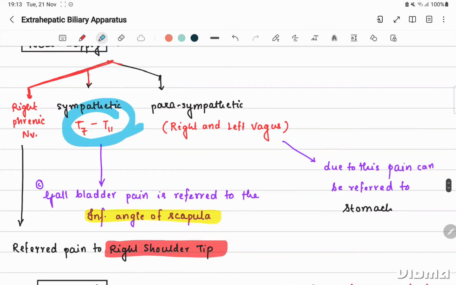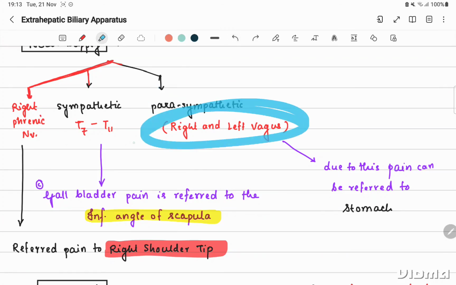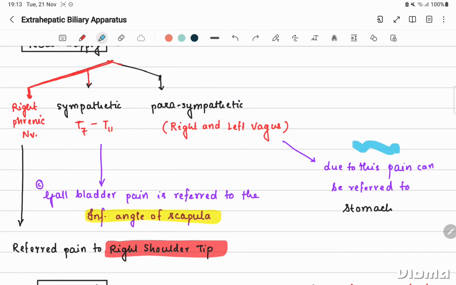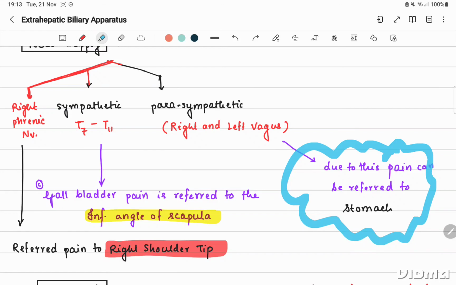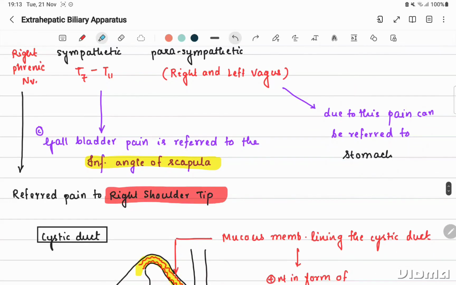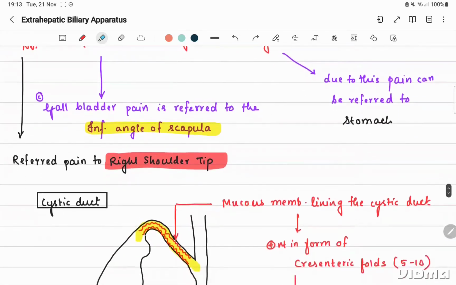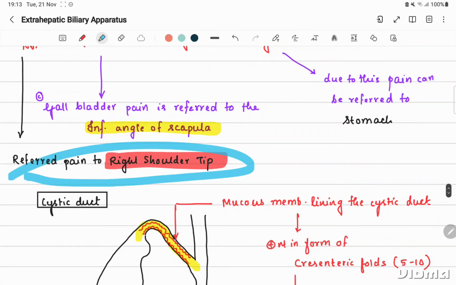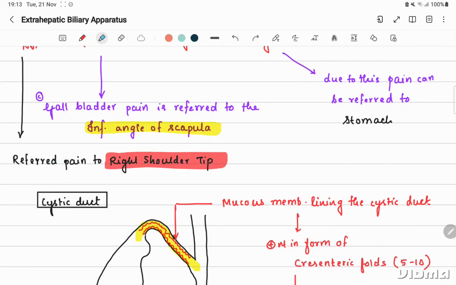Sympathetic supply is T7 to T11, and parasympathetic is by the right and left vagus. Due to the vagus, the pain of the gallbladder may be referred to the stomach. So there may be stomach pain, inferior angle of scapula pain due to sympathetic innervation, and right shoulder tip pain due to right phrenic nerve involvement.